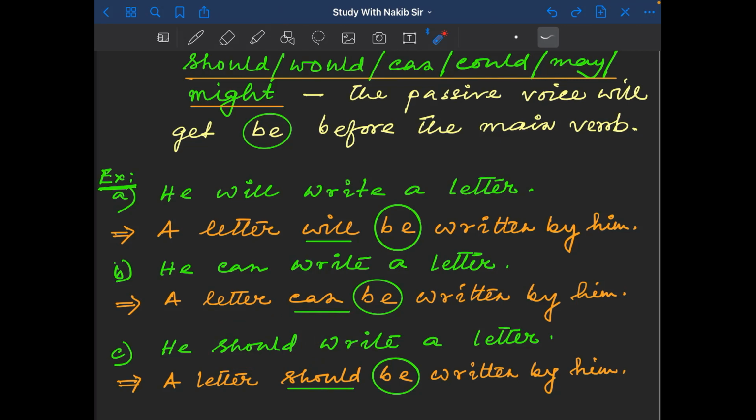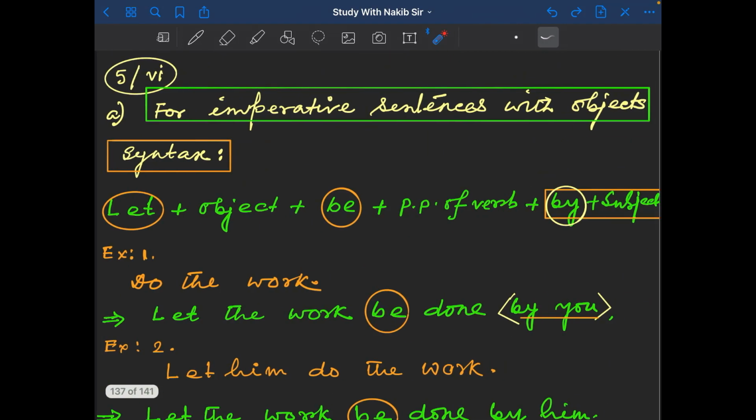So a letter should be written by him. So if you get will, can, should, would, could, might, shall, in the passive voice you will get one be always.